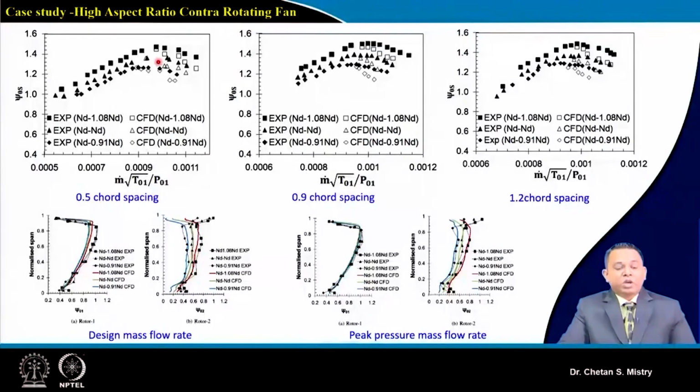At the same time, as we have discussed, at the peak pressure configuration, or peak pressure mass flow rate, it is giving very good agreement between experimental and computational results. Now this is the question of the limitations of computational fluid dynamics, where it still requires a lot of digging in order to achieve validation of experimental as well as computational results.